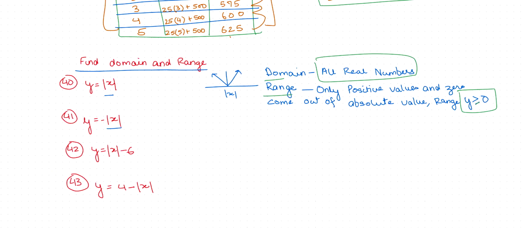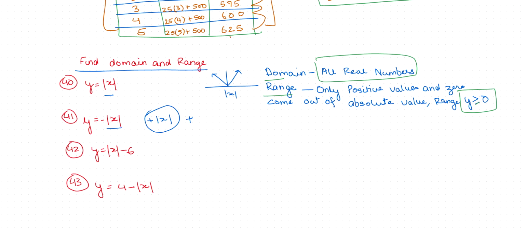Only positive values or zero will come out of the absolute value function. But then it is multiplied by negative. So the opposite of this, it will give all the values negative or zero.